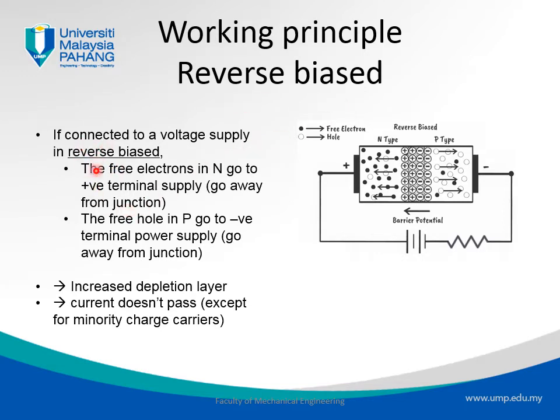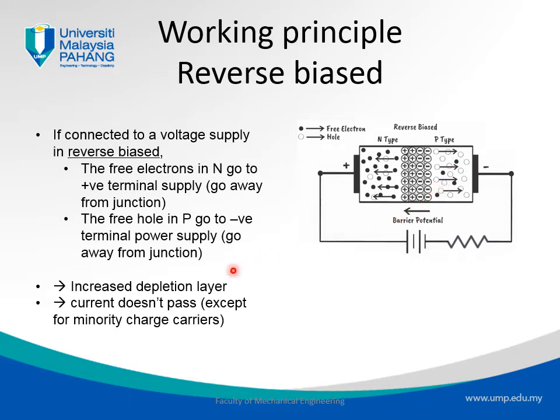If it is connected in reverse bias, the free electrons in the n-type will go to the positive terminal of the battery. The same goes for the holes in the p-type, which go to the negative terminal of our power supply, thus creating a larger barrier potential. So we create a larger barrier potential.